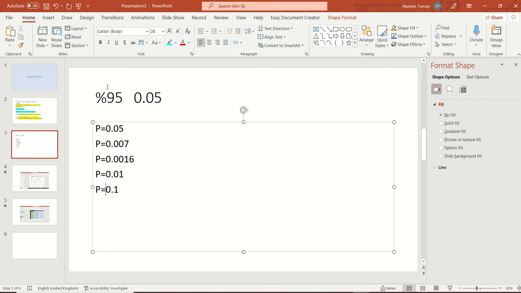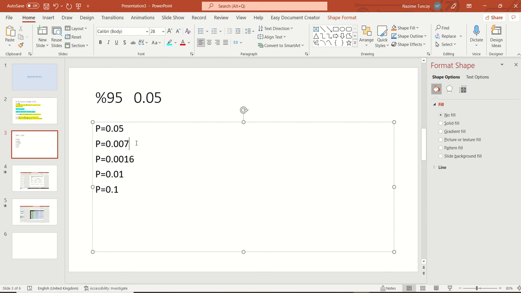If I say 99 confidence interval, you check with 0.01. Now here, I say 95 confidence interval, so I look here. Is this one smaller than 0.05? No, it's just the same, so I can accept that there is a difference or not.